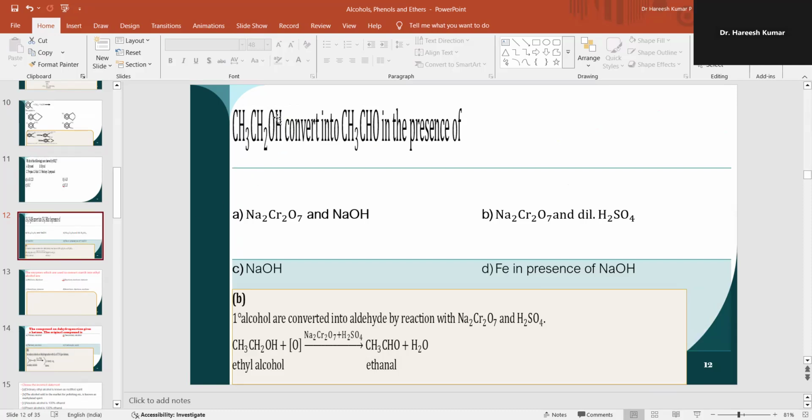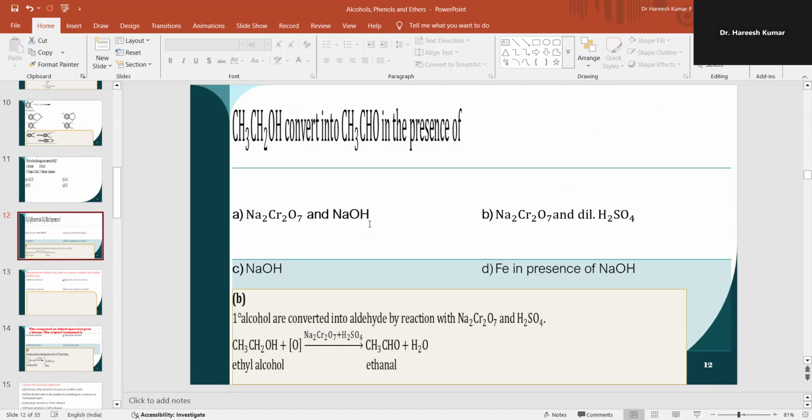Okay, let's take another question. Here ethanol is converted into acetaldehyde in the presence of which reagent? Acidified sodium dichromate will be the reagent for the conversion of ethyl alcohol to acetaldehyde.